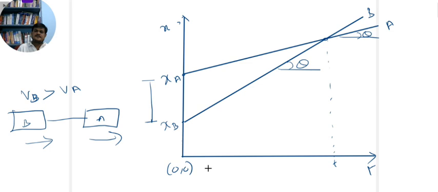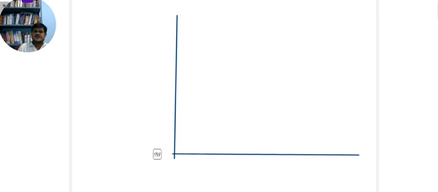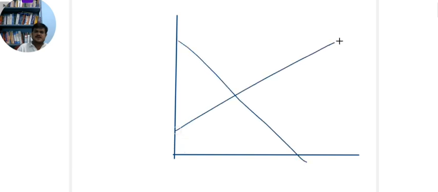When these kinds of things are understood well, we need to understand another case: when two objects move in opposite directions. What would happen when the B object is moving like this and the A object is moving like this?